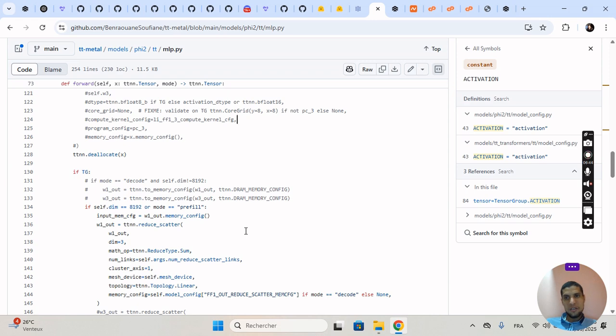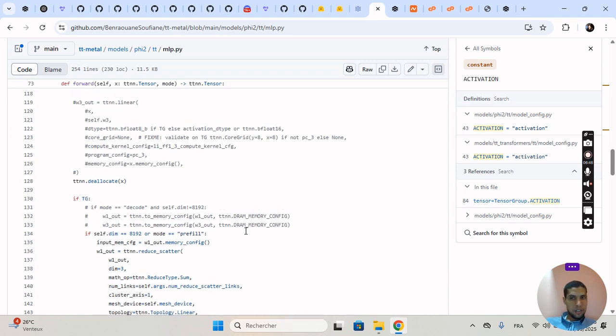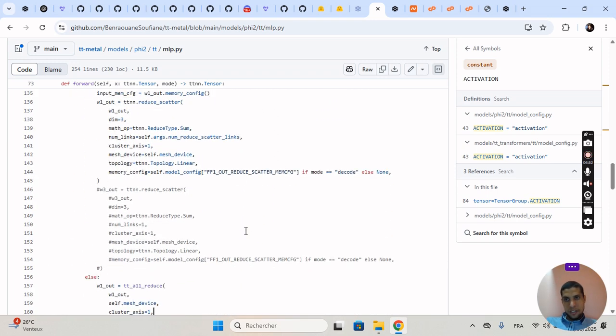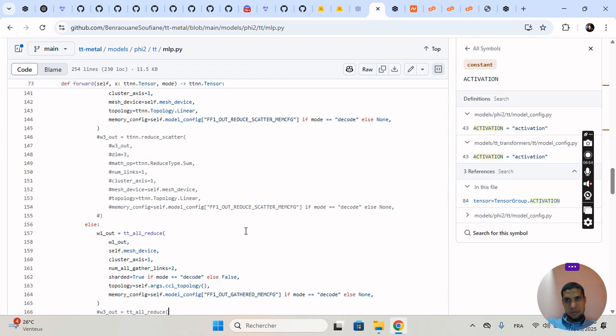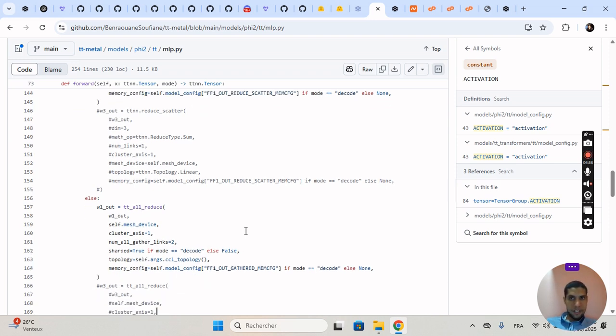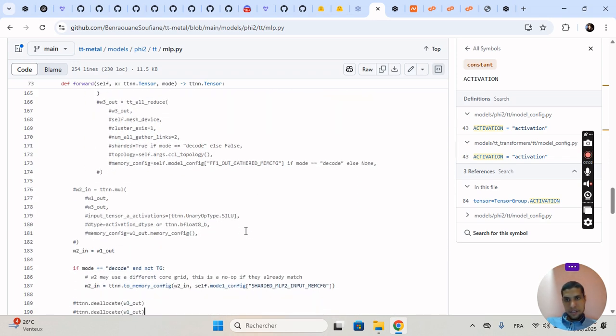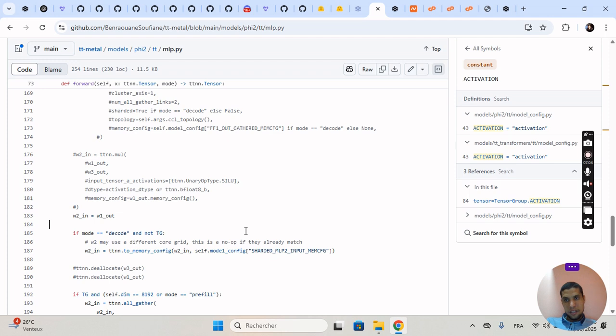Because there are no third weights or parameters, I no longer need the W3 output, and the W2 is replaced with W1 out.